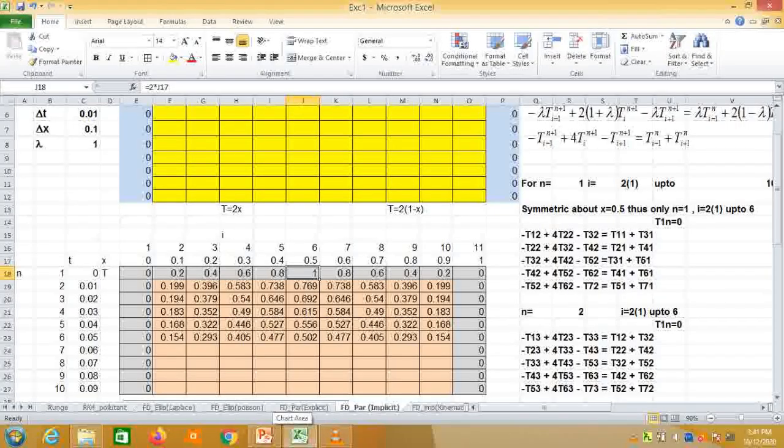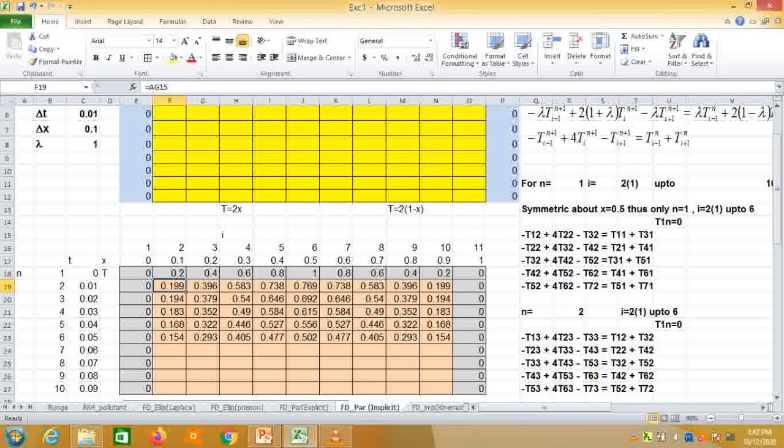Now for n is equal to 1, but for i is equal to 2 up to 10, we are going to compute the set of equations. n is 1, but i goes from 2 to 10, because at i equal to 1 and i equal to 11, the values are already known.